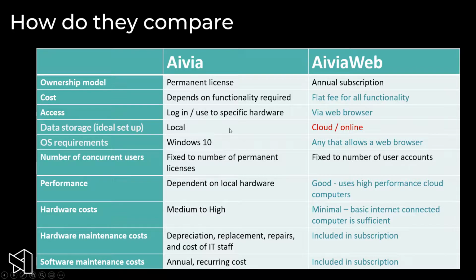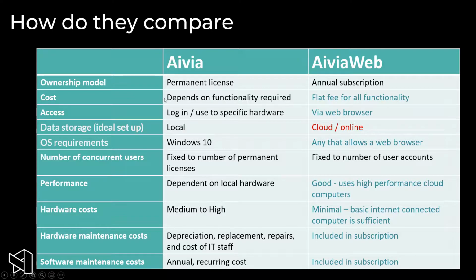There is one key item which is not favorable, and that's this one here. So let's go through these and have a look. So ownership model with Aivia Web, it's a subscription model, so you pay a subscription fee every year, and you can stop it, of course, at the end of each year. With Aivia, it's a permanent license, so you buy it and you own it forever.